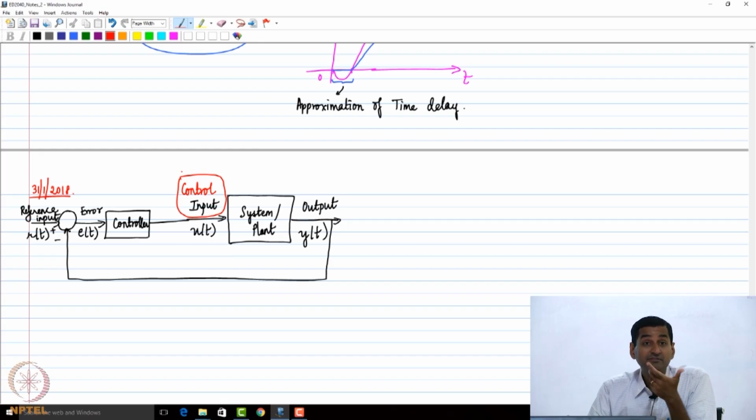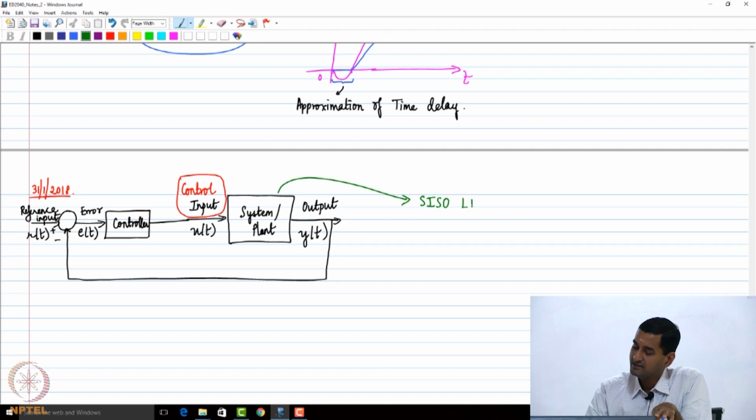And what are we doing right now? Right now where we are is the following. We are in the system block. The class of systems that we are considering is SISO, linear time invariant, causal, dynamic systems.